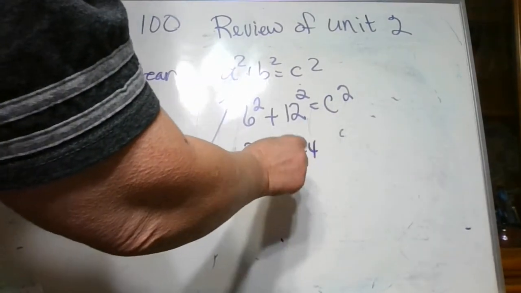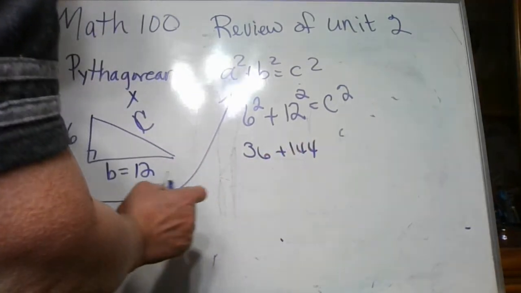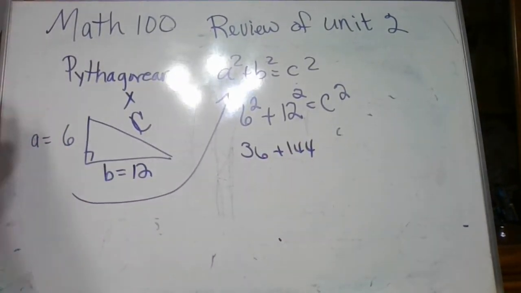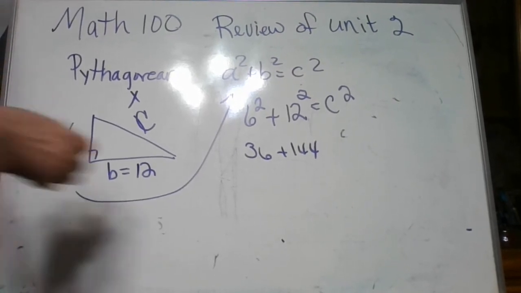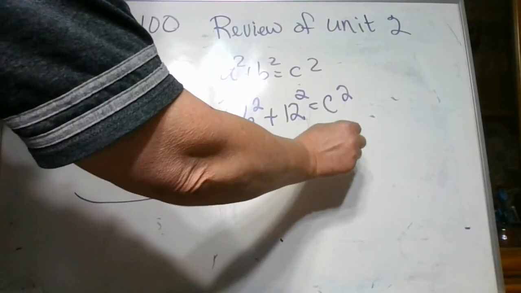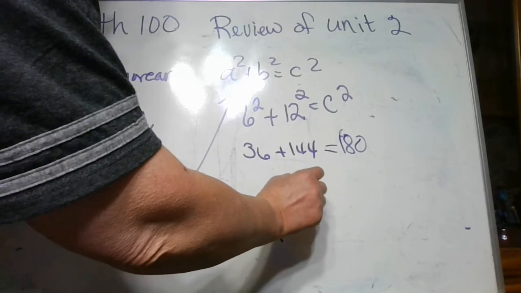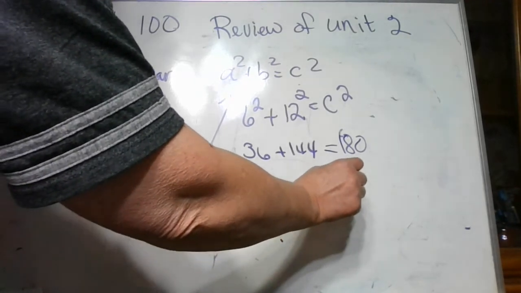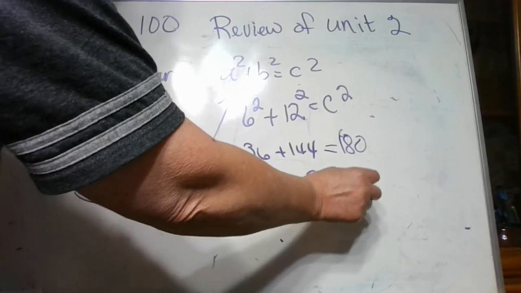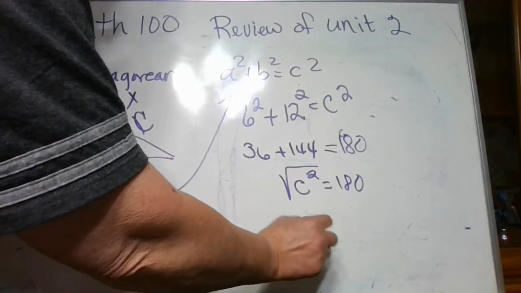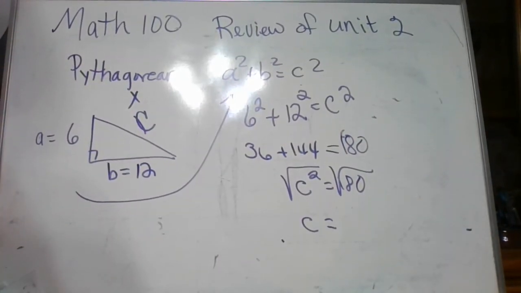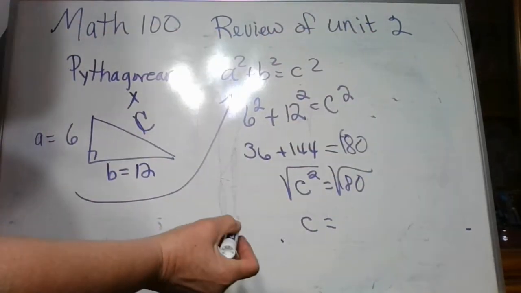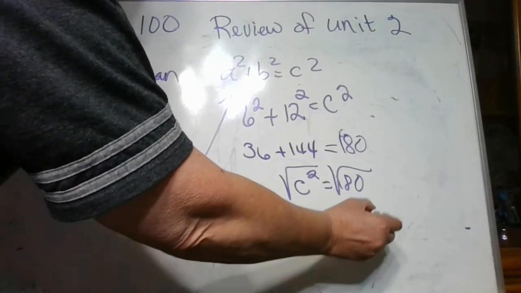So when I add those together, I'm going to get 180. So C squared, or X squared, whichever you want to call it, is equal to 180. I must take the square root of C squared to get C and the square root of 180 to get the answer. So the square root of 180 is equal to 13.41, blah, blah, blah, rounded off to the nearest tenth, which would be 13.4.